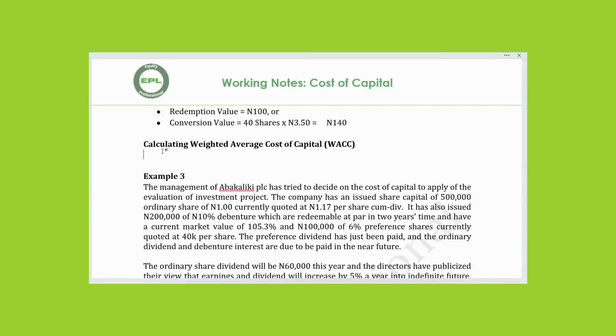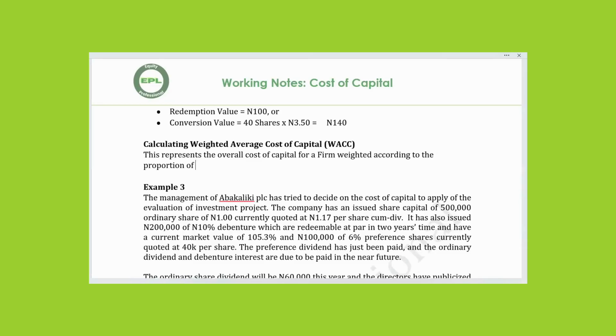Okay, let me just put it down for you because of time. This represents the overall cost of capital for a firm, weighted according to the proportion of each source of finance in a company's total pool of capital.